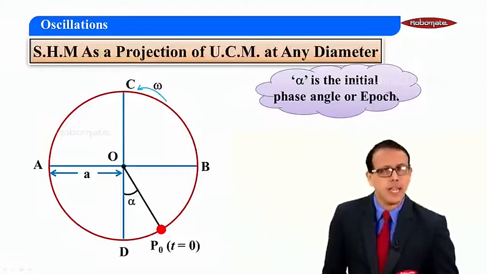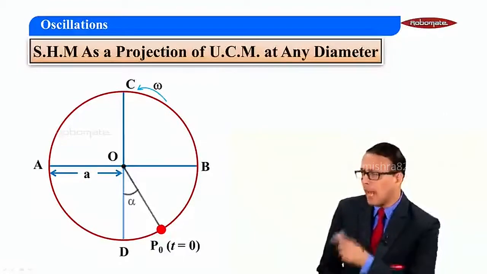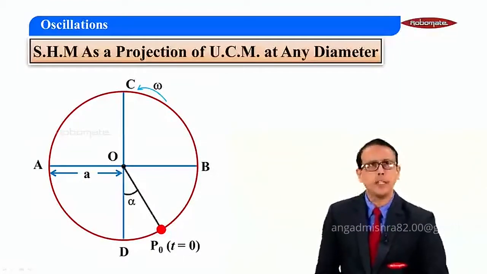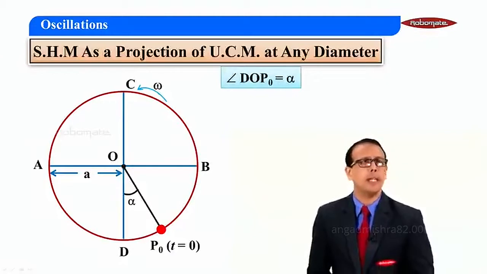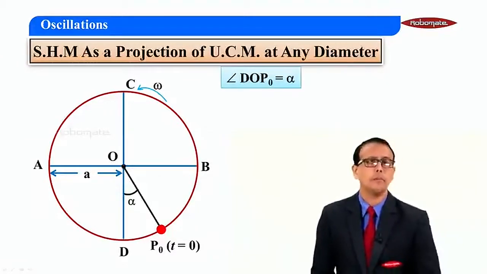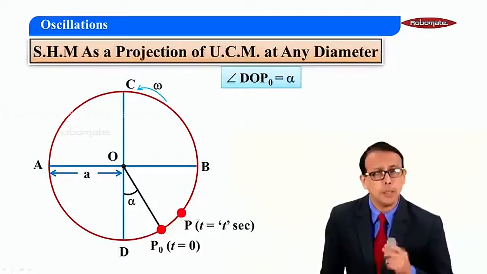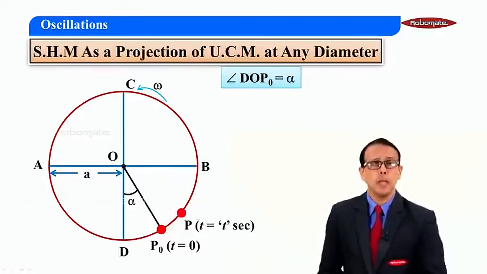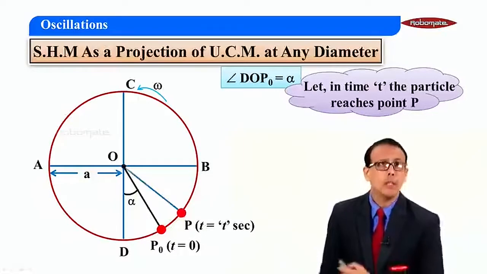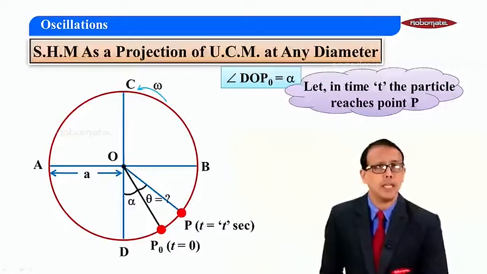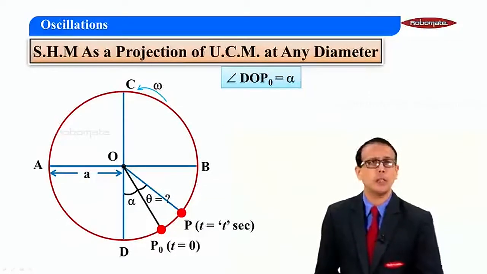Therefore, I can write, if you can see in the diagram, angle DOP, yes, that angle DOP is equal to alpha. Let the particle further move to a position P in time t. Again, if I join, you can clearly see it makes an angle theta. Let's find the angle theta, students.